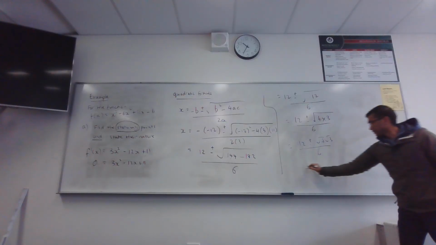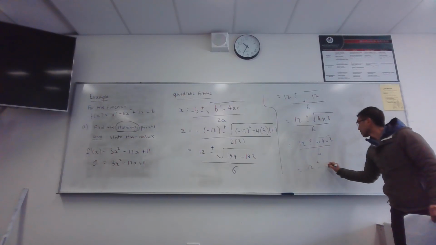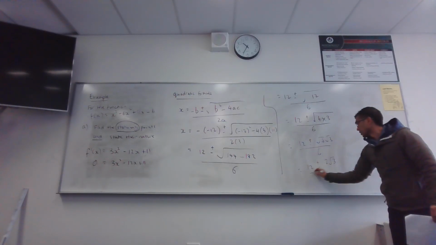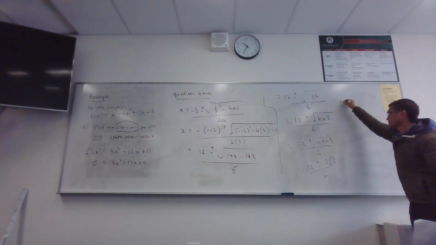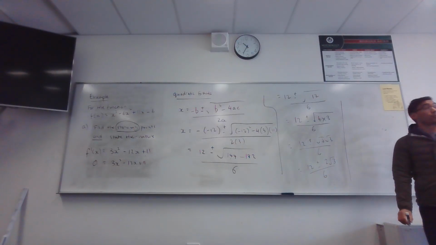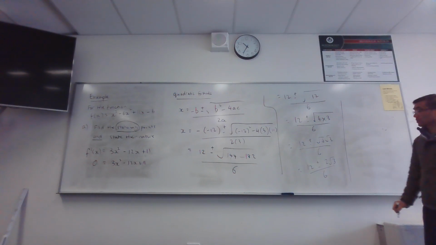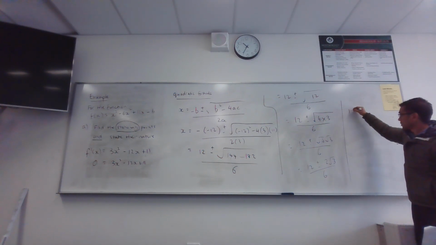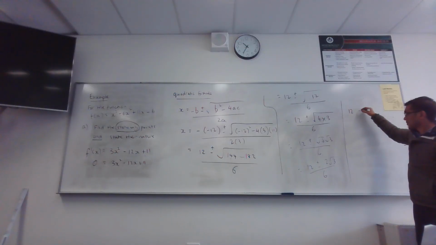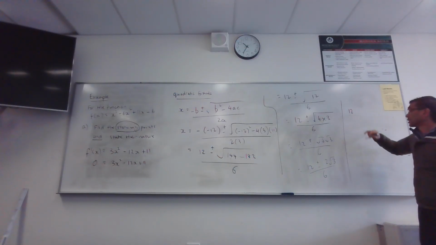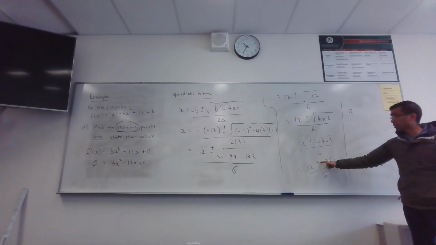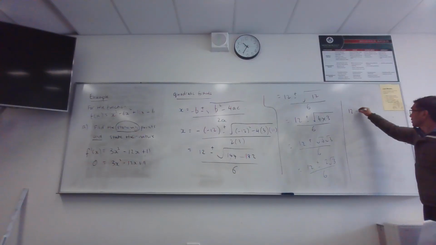Like so. As Tim said, 2 root 3. And what's our answers? Okay. 0 equals 12 minus root 3 brackets 6, and plus it. And just with a plus. So one's going to be a plus and one's going to be a minus.